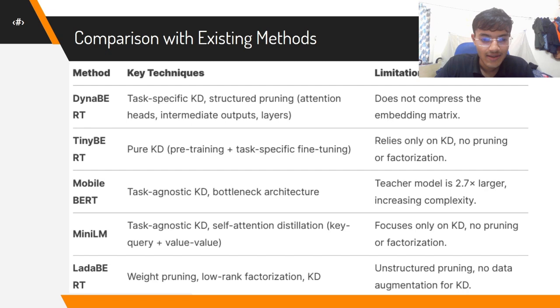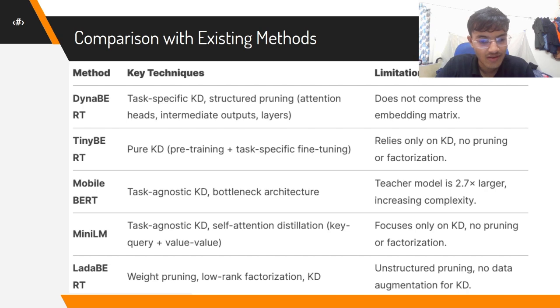And coming to MiniLM, they have also used task-agnostic knowledge distillation, which I mentioned earlier, and self-attention distillation, in which they are using key, query and value distillation on all these three matrices. The limitation of this is that it focuses only on knowledge distillation and does not utilize pruning or factorization methods, which we have done in this paper.